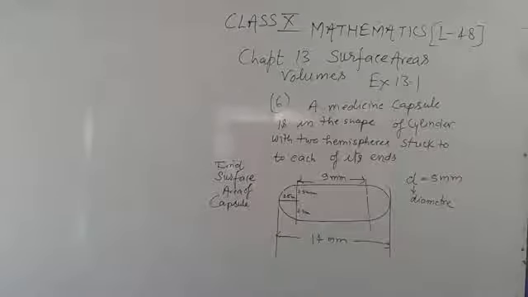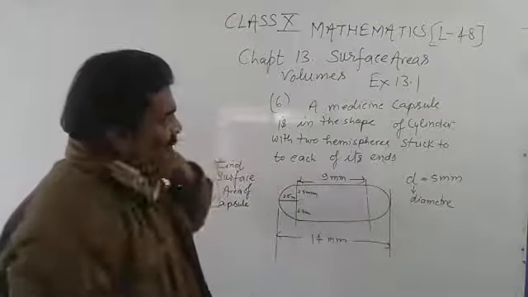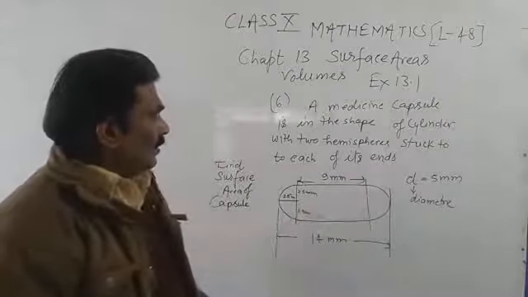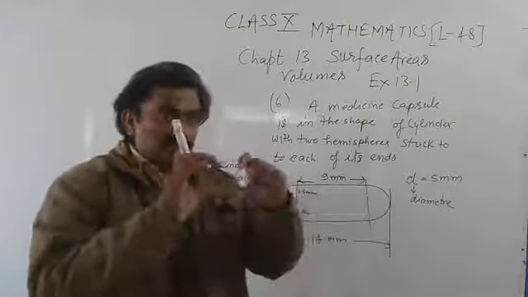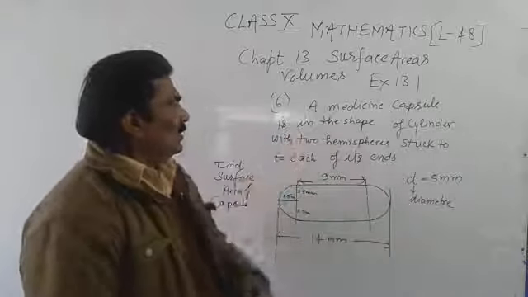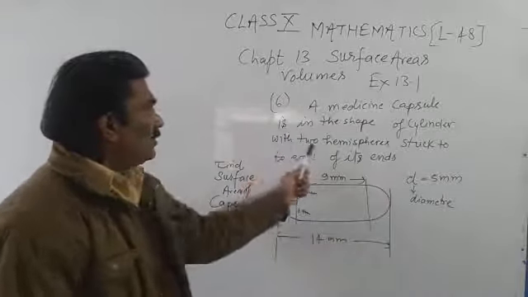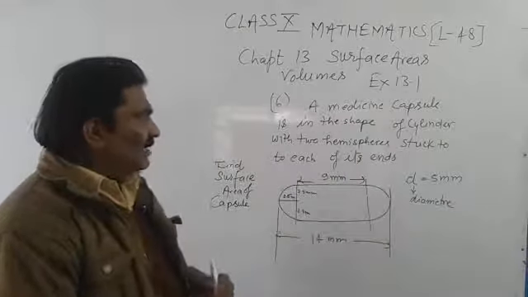So students, here we have question number 6 and in this question we have a capsule like structure. This capsule consists of two hemispherical portions at the two ends. A medicine capsule is in the shape of a cylinder with two hemispheres stuck to each of its ends.